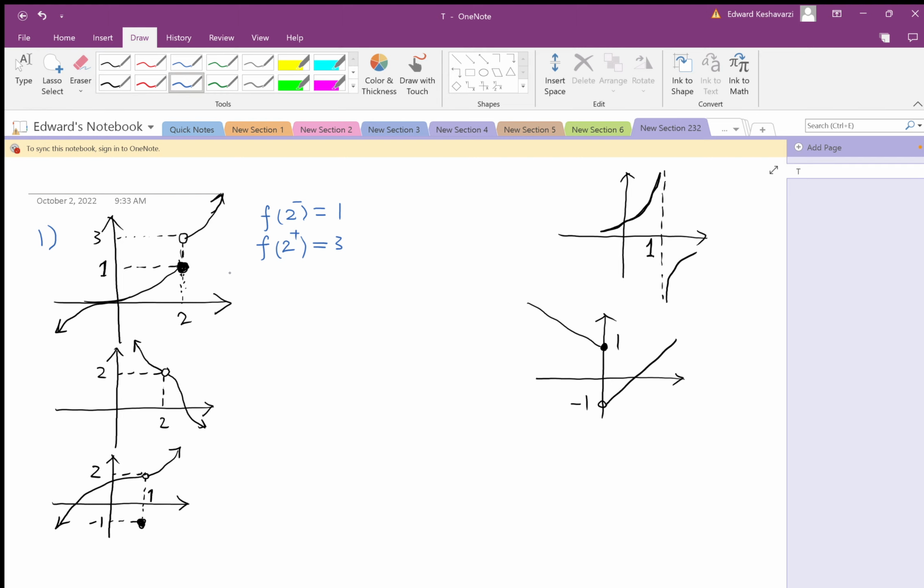So since limit does not exist at 2, function is discontinuous. So limit DNE, therefore f is not continuous.